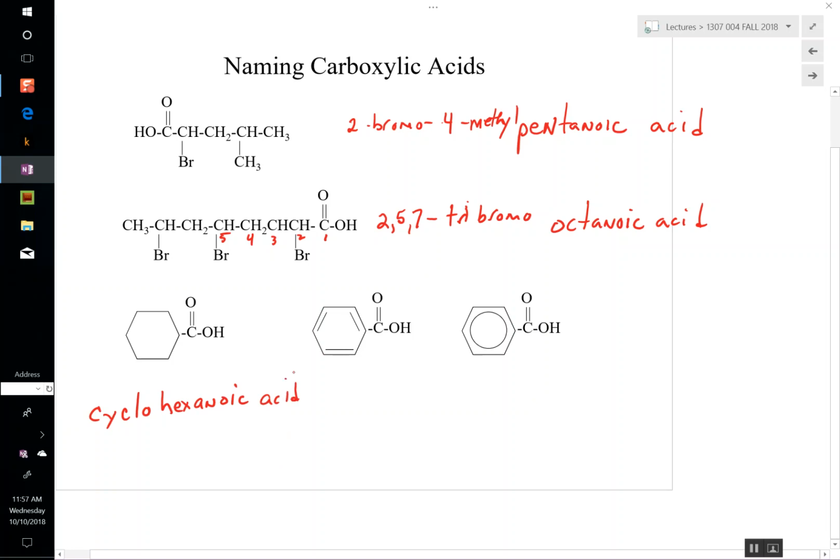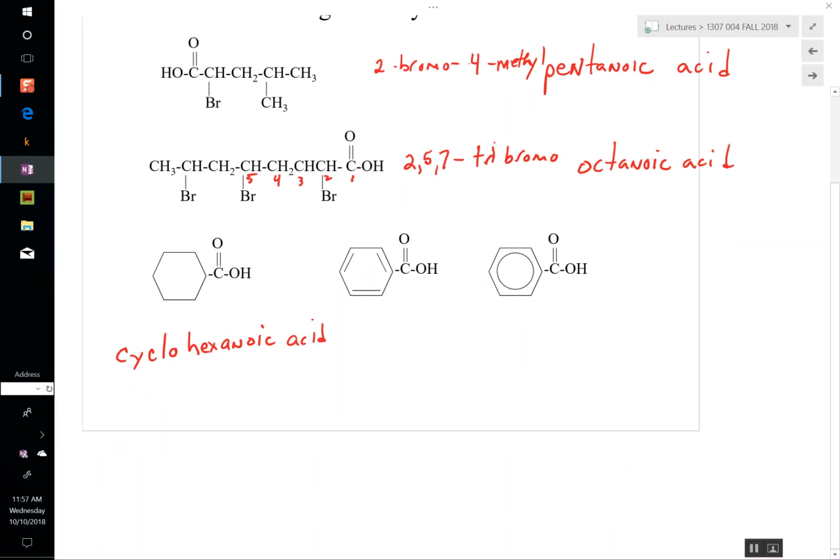Okay, now let's do the same thing here. Without the carboxyl group on these next two, we'll look over here. What would you call that? Benzene. So what do we have to do? We drop the E. Wait a minute.